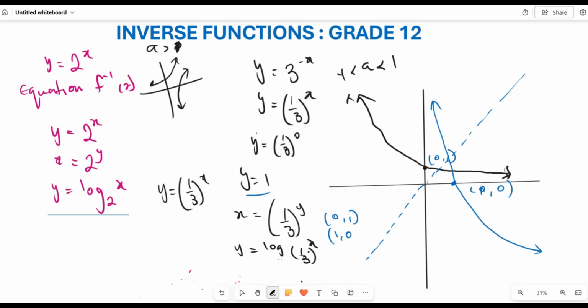And I know probably my dotted line is not accurate, but the dotted line needs to move here and cut where the two graphs intersect. So my reflective line will be somewhere here. It will cut somewhere here. Are we all fine?